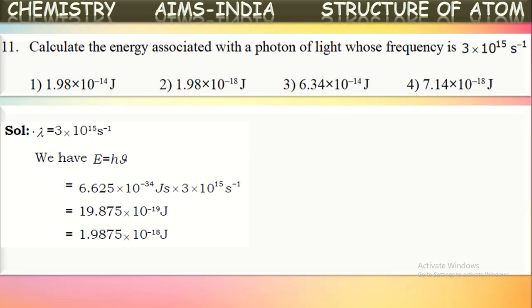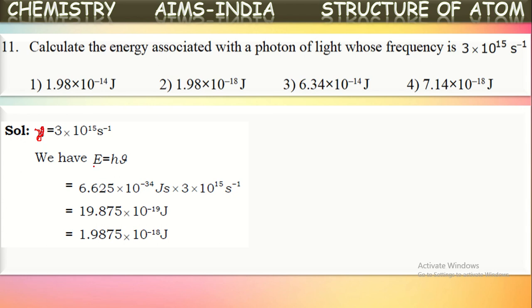So frequency, sorry, it is a frequency, not a wavelength. Frequency value is given as 3 into 10 to the power of 15 second inverse. And we have a relation between energy and frequency from Planck's equation, that is E is equal to h nu.